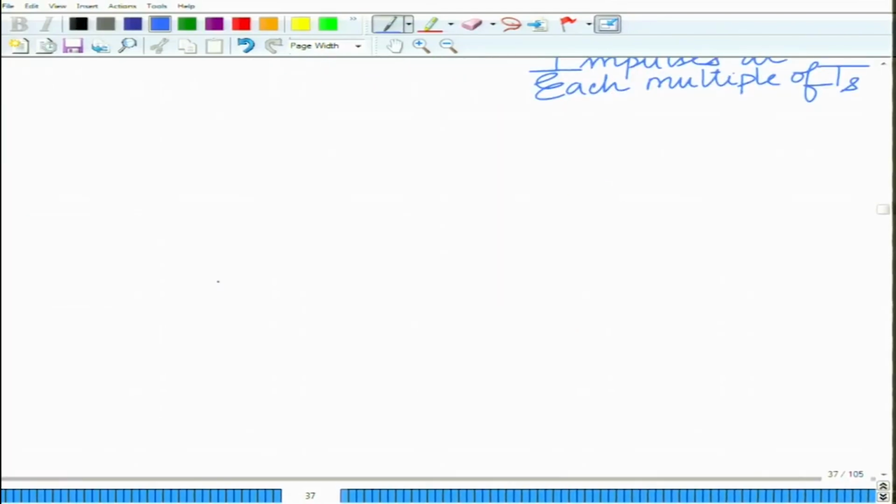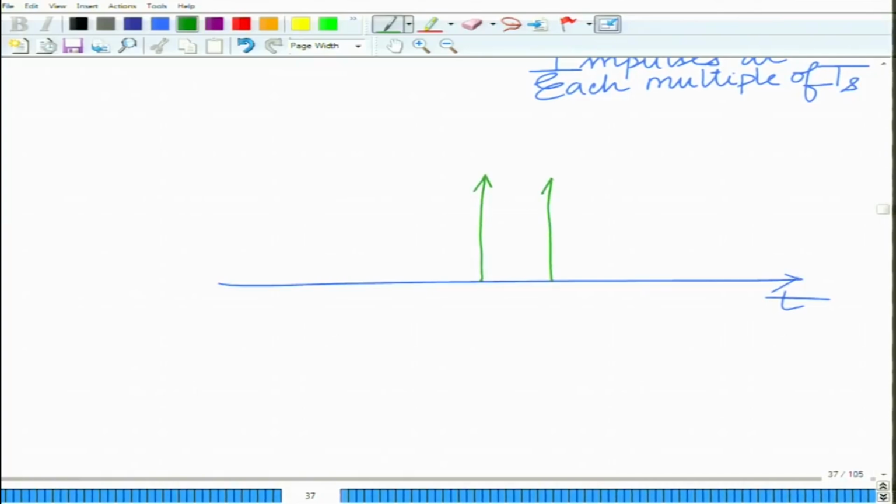So, what you have is the time axis, and at each multiple of Ts you have unit impulses. Okay. So, this is at 0, Ts, twice Ts, minus Ts.